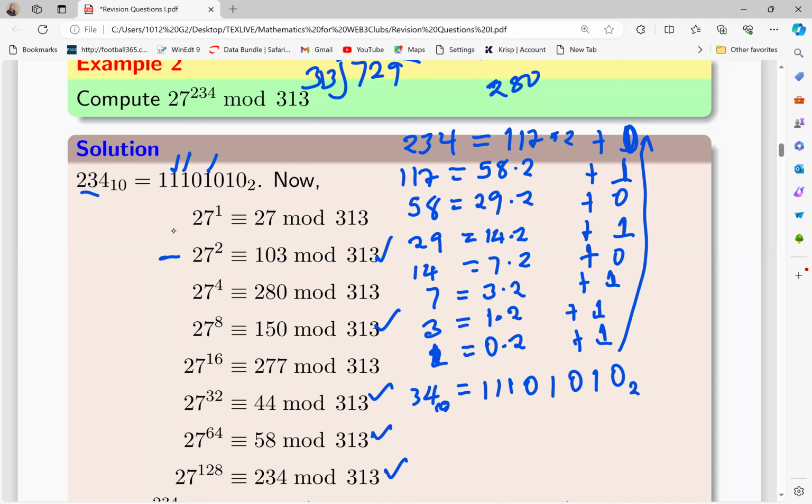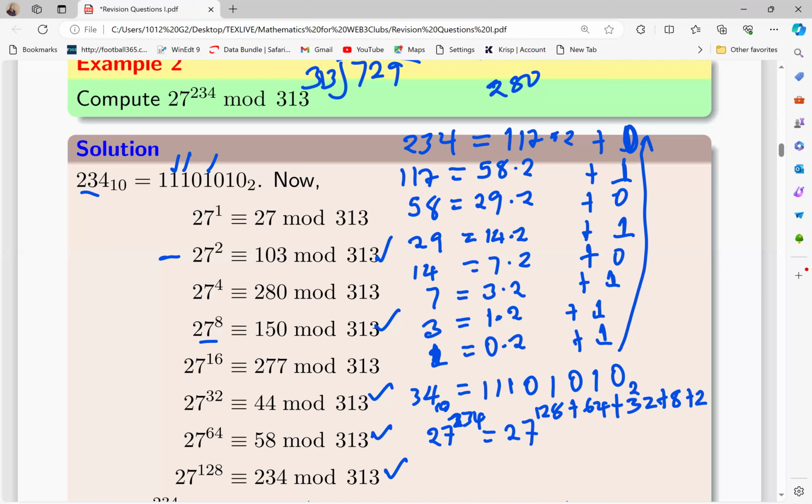So in short, 27 raised to 234 is the same as 27 raised to 128 plus 64 plus 32, plus 8, then finally 2. These are the ones the binary number has told us to pick.